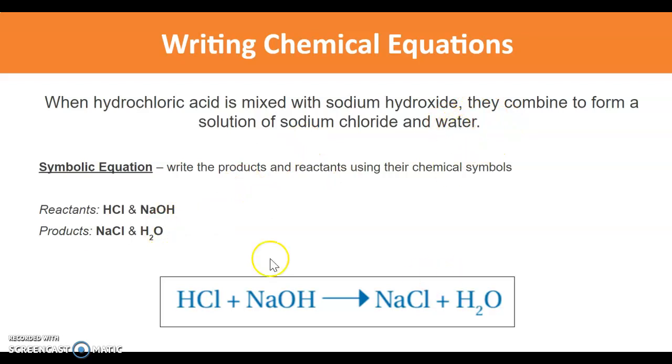We know water is H2O, so we can write that in our products section here. And then sodium chloride is Na and Cl. If you ever have an ionic compound, you have to match up the charges, or add one more or less of either component to make the charges equal. In this case, Na has a charge of +1, chlorine -1, therefore you would just have NaCl. You don't need to add anything else.